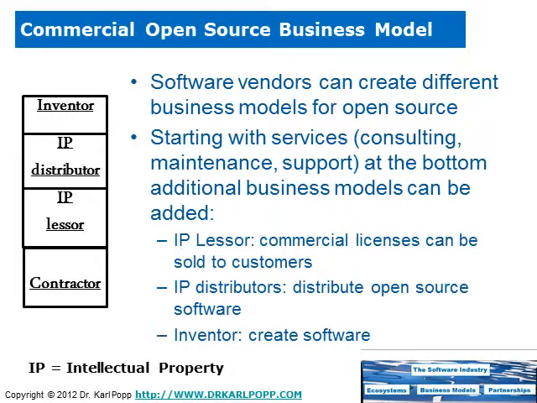If you take more than one, then it's a hybrid business model, because it consists of more than one of these business model types. A commercial open source business model is basically a business model of a software company that uses open source and creates revenue either from the open source or around the open source software.